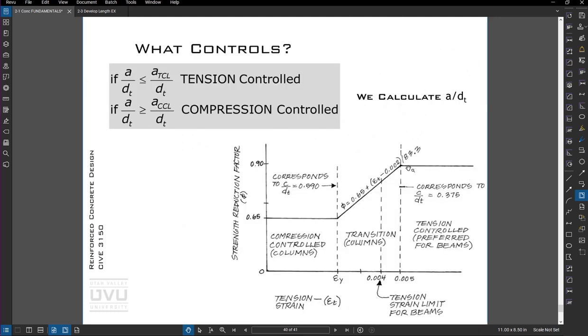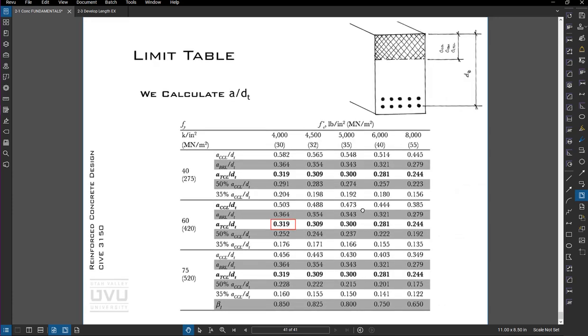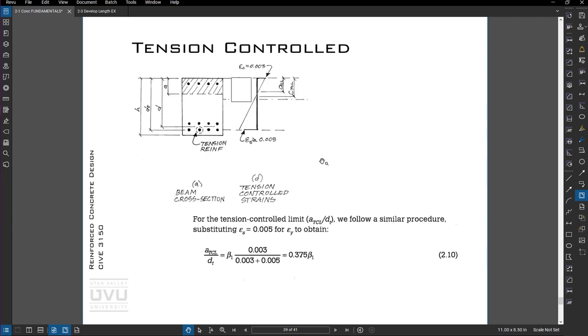If it's not, we might be somewhere on this transition curve or fully compression controlled, just depending on that a over dt value. So just to reiterate one more time, we're going to calculate the left side of this, and then this right side we're going to pull from this table, or if you want to calc it based on this, you can do that.